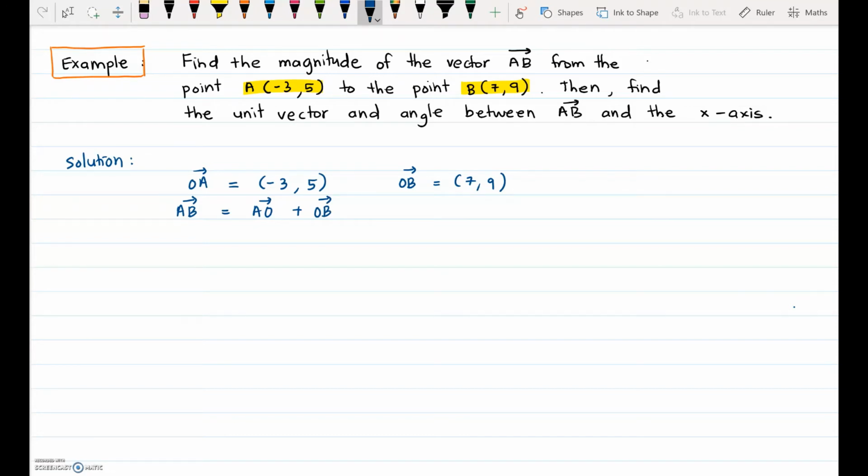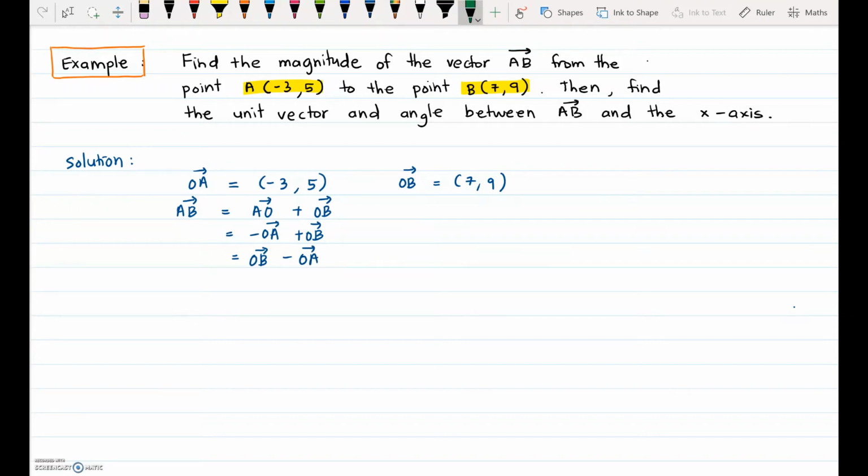Okay, this is your original formula, but then we have simplified the formula. The last formula we have simplified is -OA plus OB, and lastly OB minus OA.